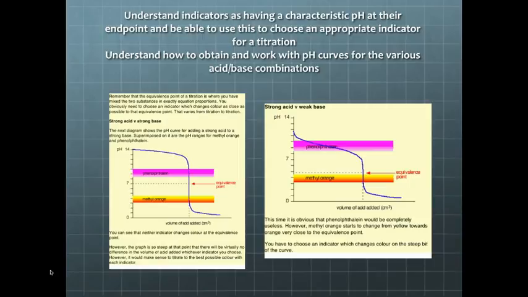But here, the straight line up and down goes through methyl orange, and a much less steep slope goes through phenolphthalein. So it would be much more appropriate to use methyl orange for a strong acid versus a weak base. We'll look at other examples of choosing acid-base indicators with pH curves in class.